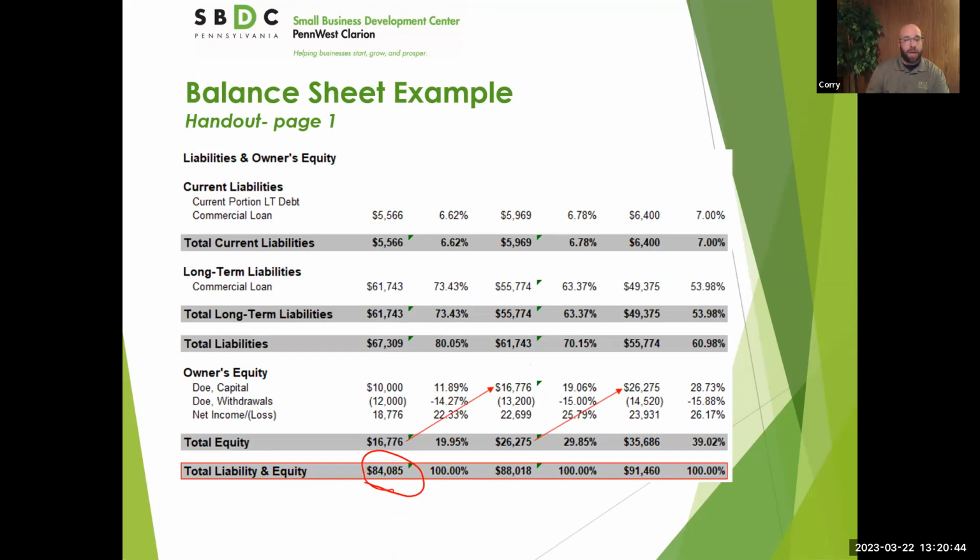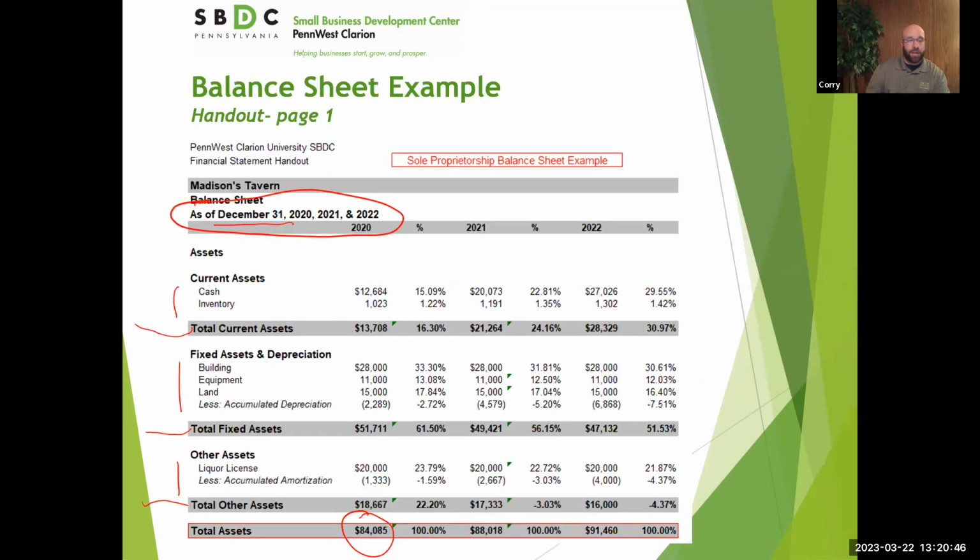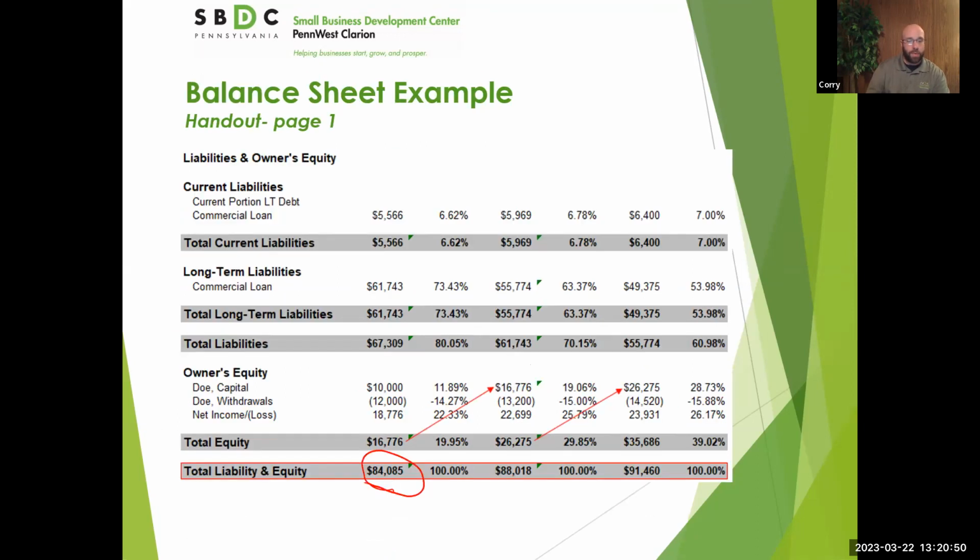That's because the balance sheet, all total assets must equal our total liabilities and equity. So then also what you see on this particular slide, or again on that first page of the attachment that I sent you, you'll see that there are current liabilities, long-term liabilities, and your equity.